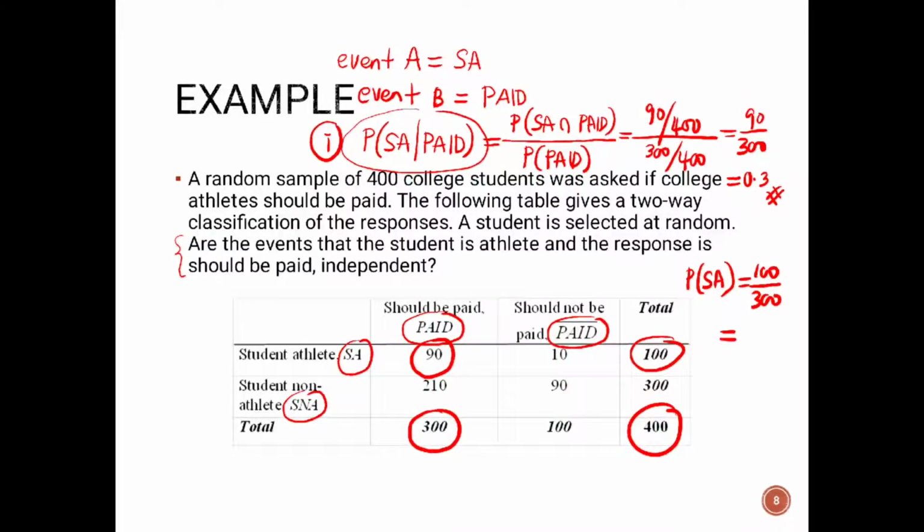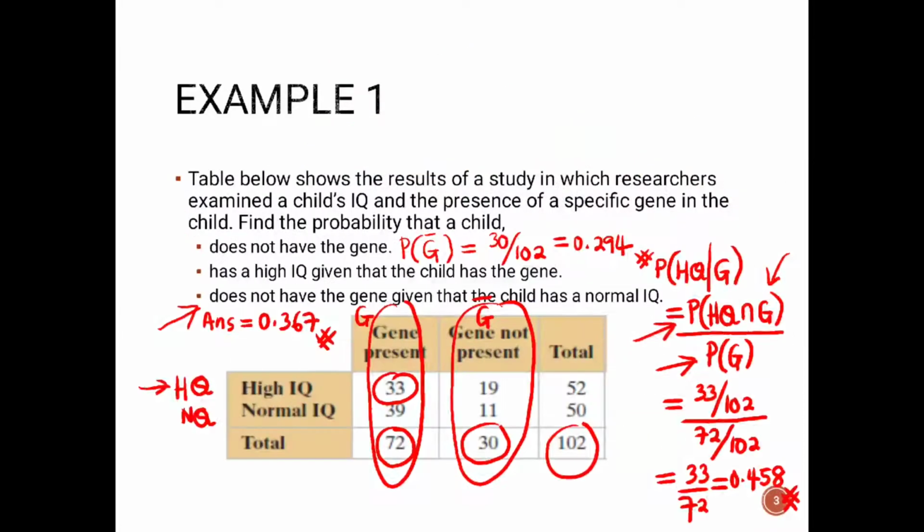Dan ini adalah 0.333. Okey, kalau kita tengok tak sama kan? Sebab ini exactly 0.3. Dan ini adalah 0.333. Tak sama, memang tak sama. Okey, maksudnya apa? Kita buat kesimpulan kat sini.